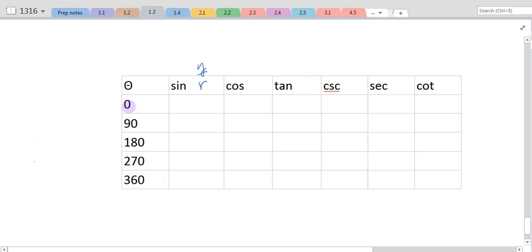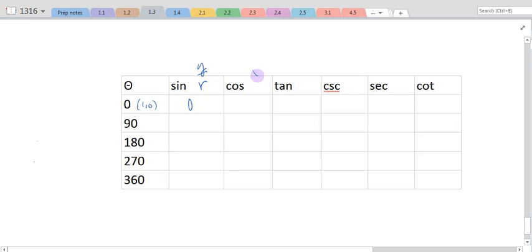Okay? So if I look at the degree 0, the ordered pair for 0 is (1, 0). And out of that, I can come up with the sine of theta. That would give me 0 in the numerator, because that's my y value, and 1 in the denominator, because r is the distance. So the sine of 0 is 0 over 1, which is 0.